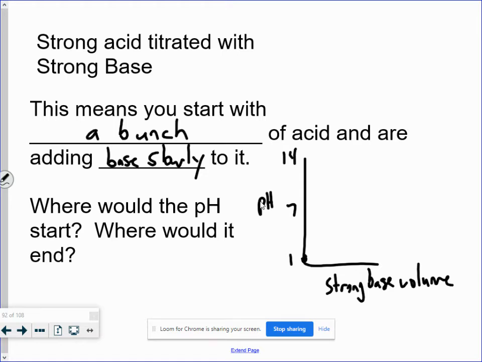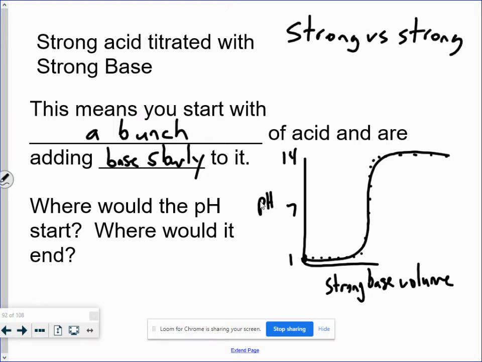And over time, no change. Then rapid change. So this gives us the opposite pH curve of the last one. The idea is that strong via strong have this characteristic S shape. Like that or like that.